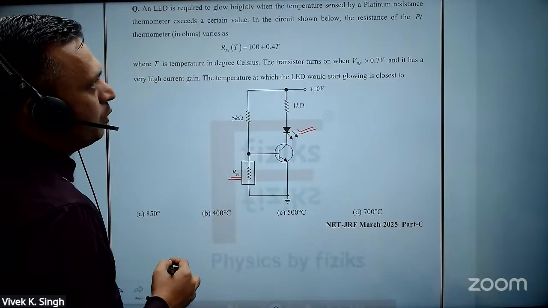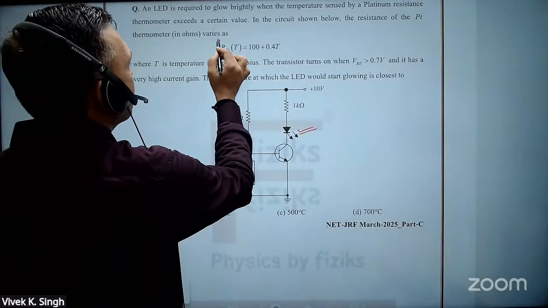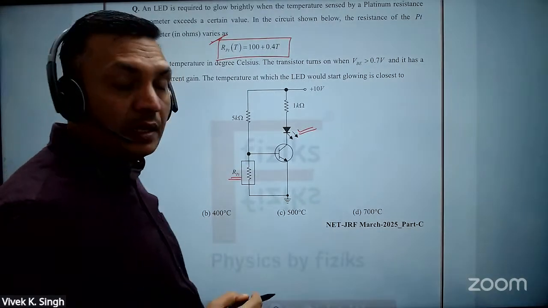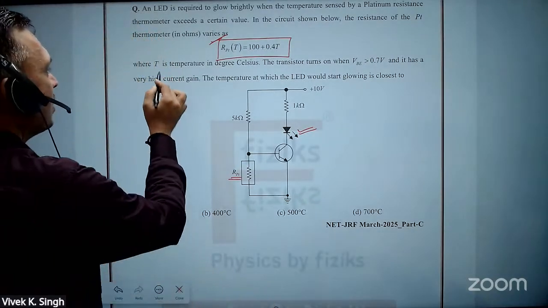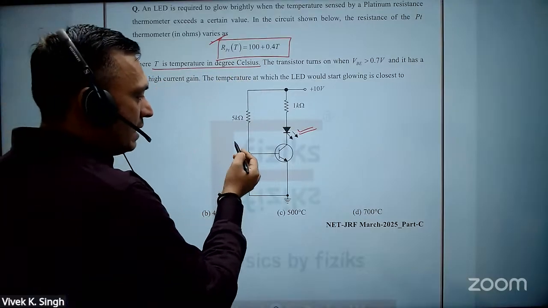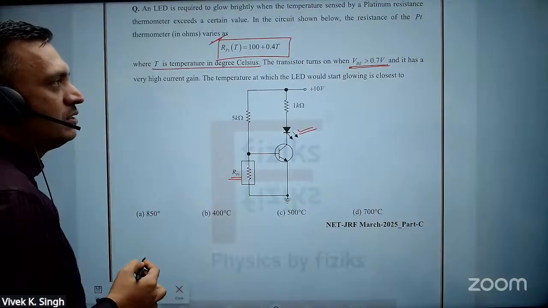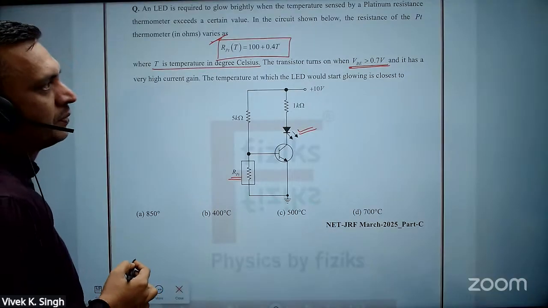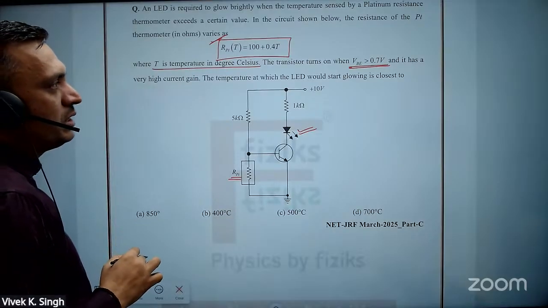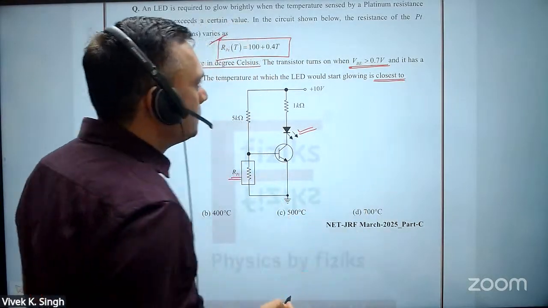In the circuit shown below, the resistance of the platinum thermometer in ohms varies with temperature by this relation, where T is the temperature in degrees Celsius. The transistor will be on when VB exceeds 0.7 volt, and it has a very high current gain. The temperature at which the LED would start glowing is closest to which approximate value, you have to find.